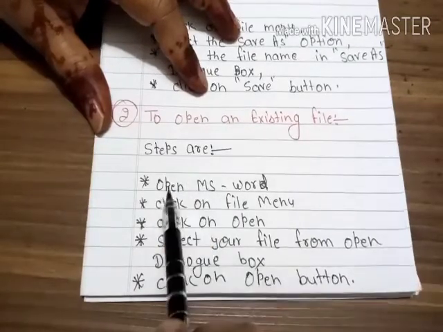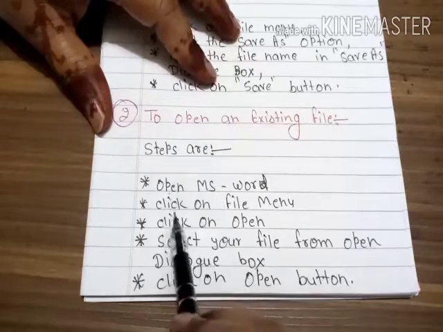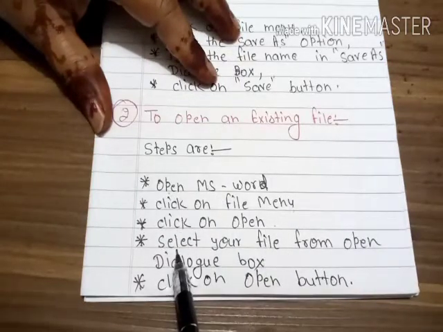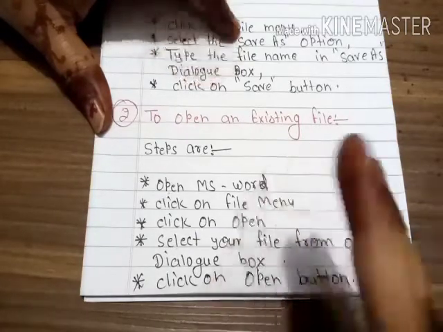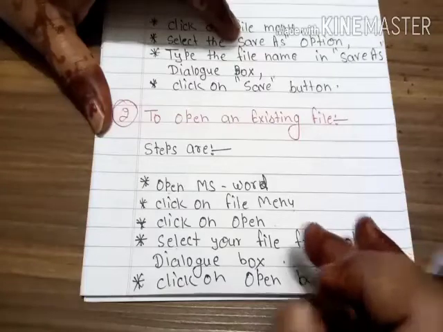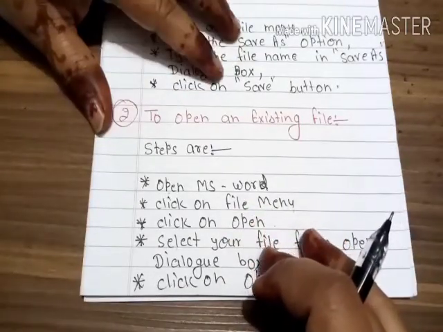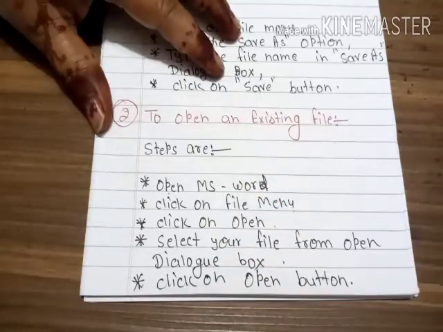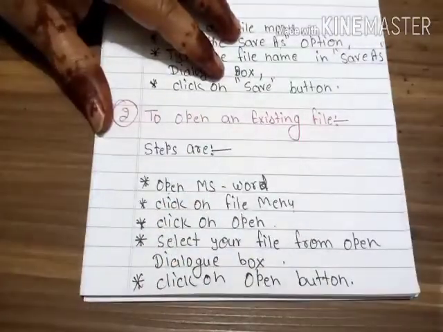Okay, first one, you have to open your MS Word in your computer, then click on this file menu, then click on open, then select your file from the open dialog box and click on open button. Whatever file you have selected, that file is going to be opened by following all these steps which I have written here. You have to follow all these steps to open the file.